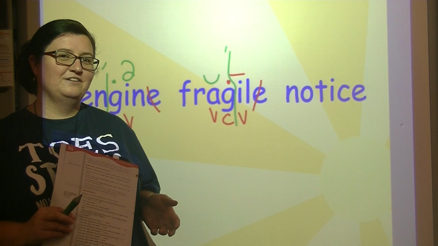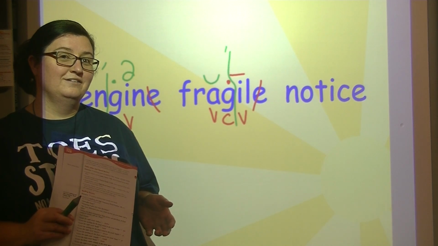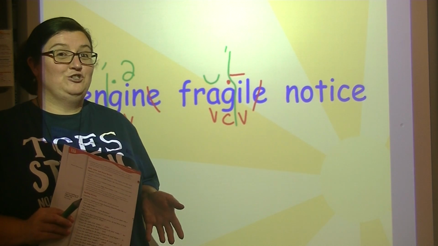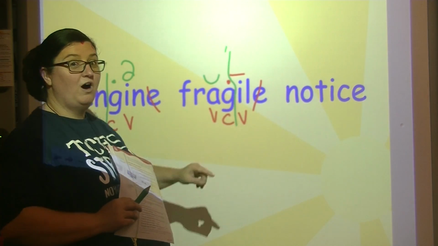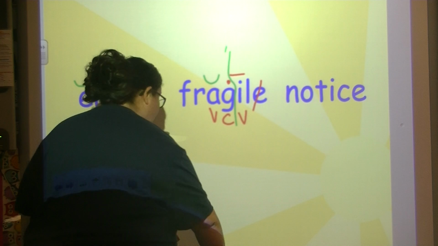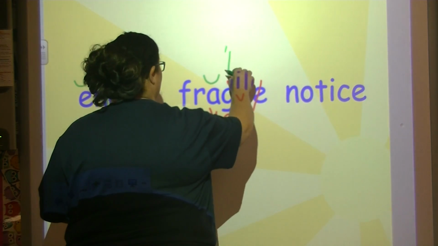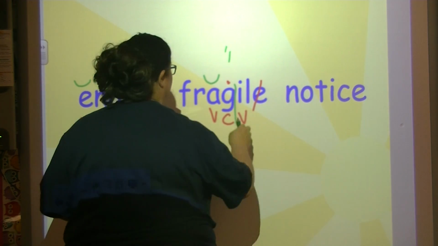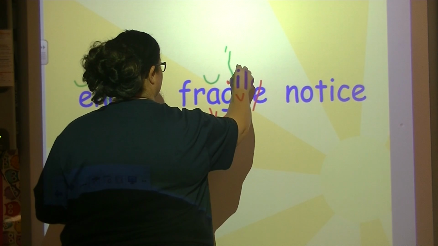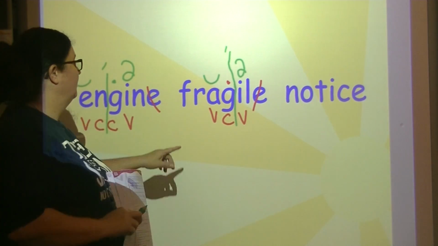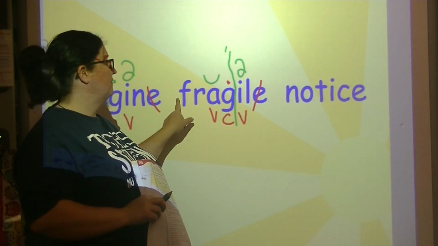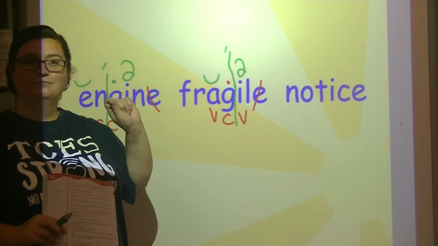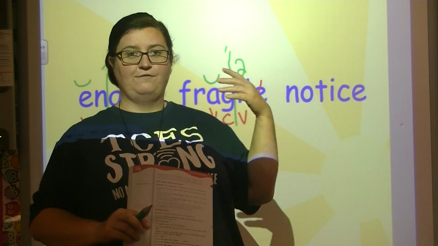We say it's what? Fragile. That's right. This is making the schwa sound again. So let's change it and try it again. Fragile. Be careful, that glass is fragile.